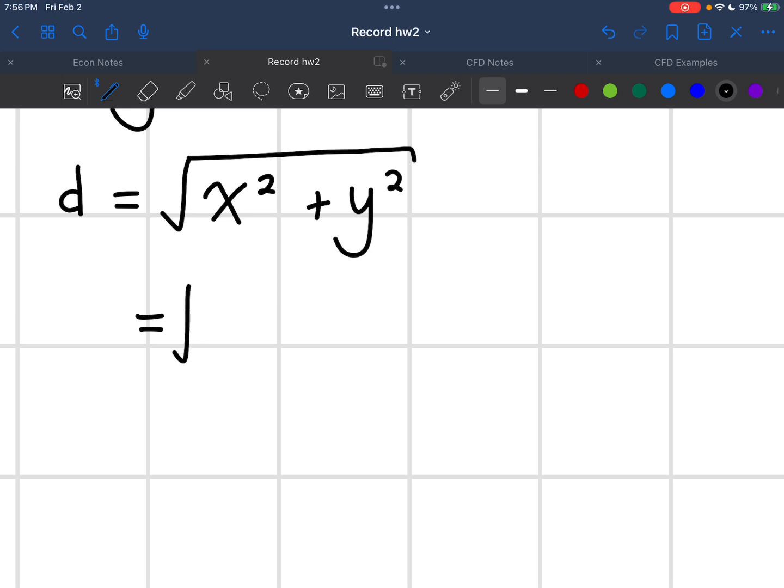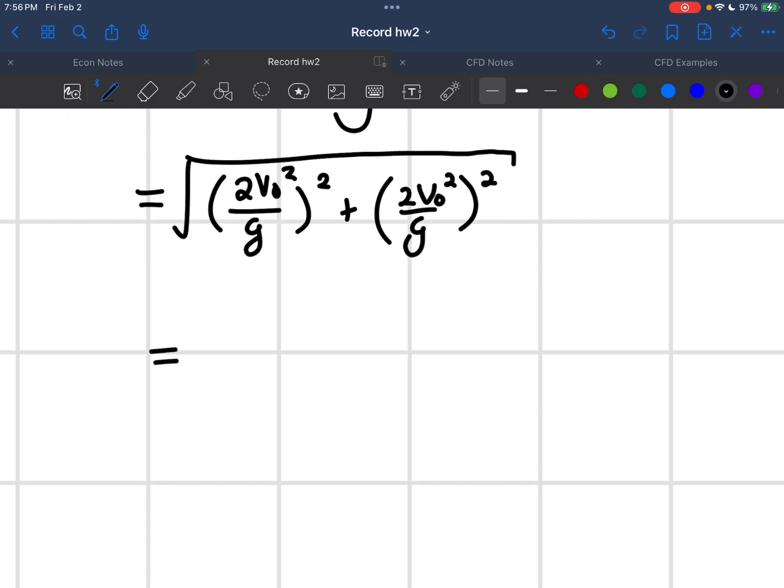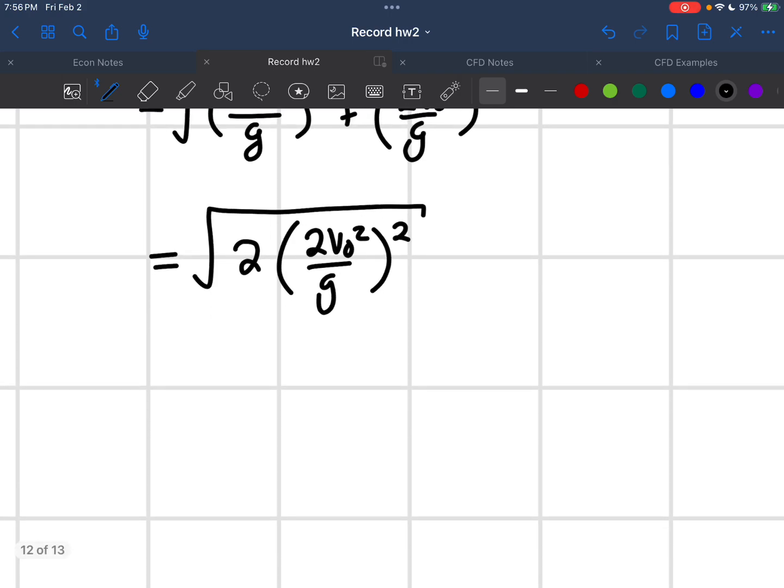So it'll be 2 v naught squared over g squared plus 2 v naught squared over g squared, and I square root it. All right, now this is just a thing plus itself, so it's really just 2 times that thing. We get the square root of 2 times 2 v naught squared over g, all squared.